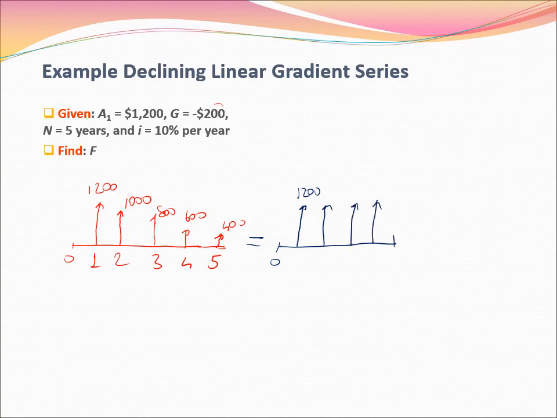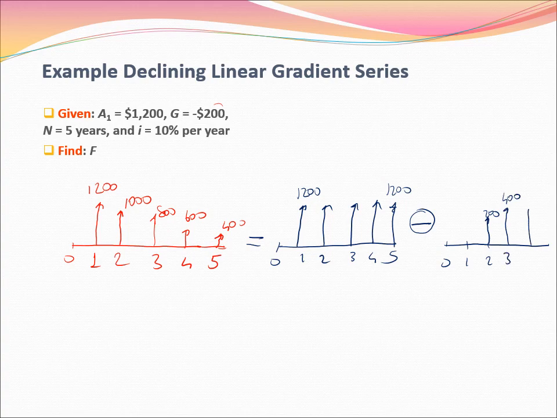For 5 periods we will have the same amount of payment, 1, 2, 3, 4 and 5. And from this one I am going to subtract an increasing gradient series, and this will start from the end of year 2, and I will subtract 200 and then 400, 600 and 800 at the end of year 5.